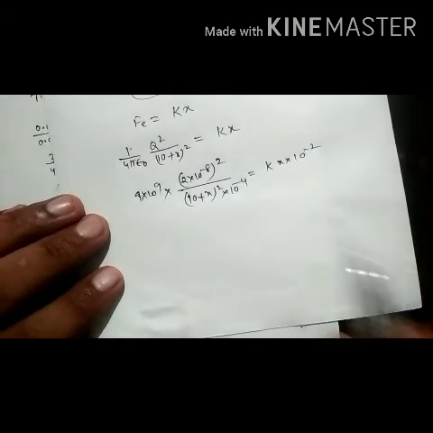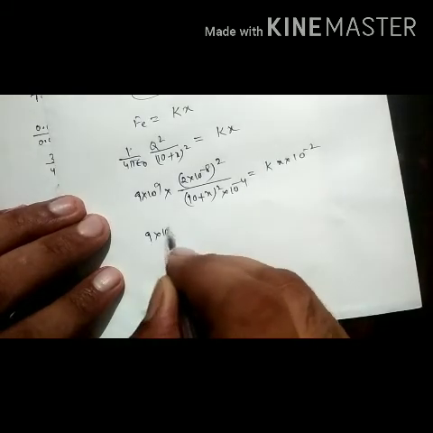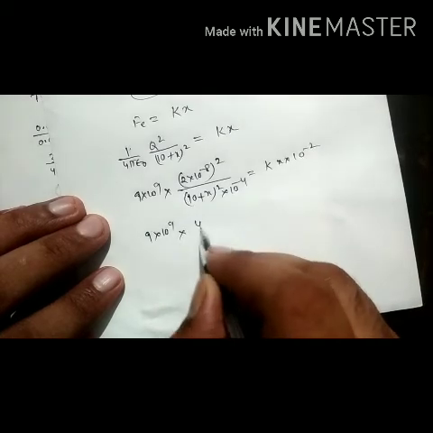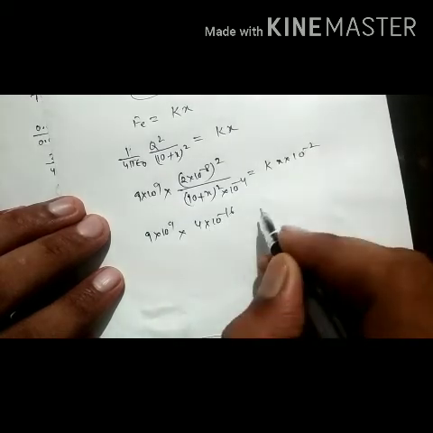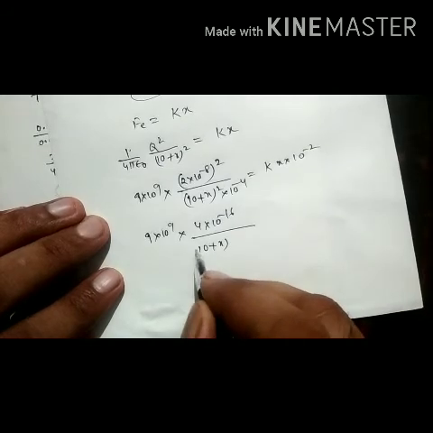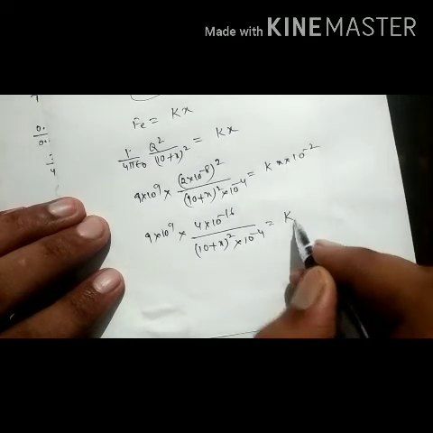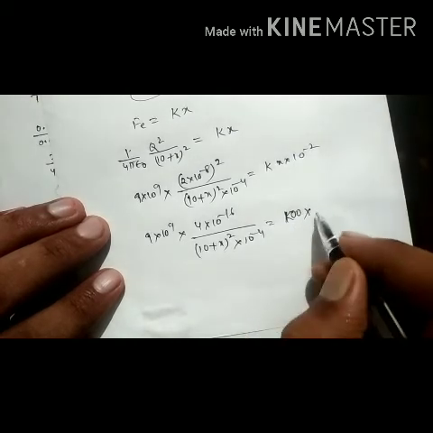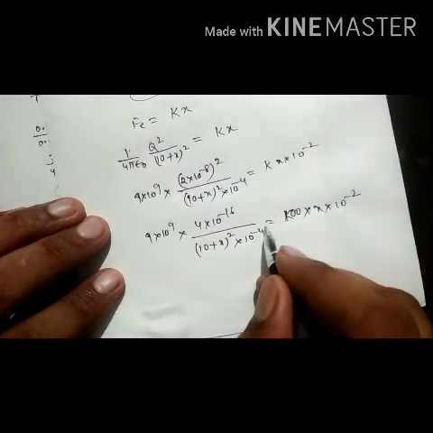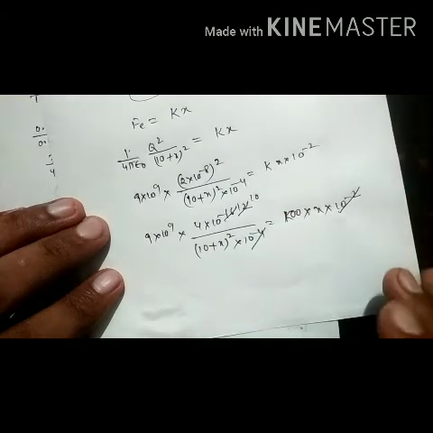So it is 9 into 10 to the power of 9 into 4 into 10 to the power of minus 16, divided by 10 plus x whole square into 10 to the power of minus 4. K means it is 100 into x into 10 to the power of minus 2. So it is minus 4, it is minus 12, minus 2 means it is minus 10.